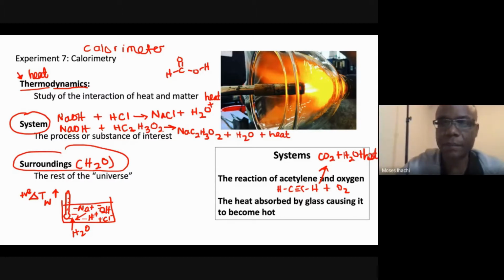The heat can be used to melt glass, or in the glass blowing process. The heat can be absorbed by the glass, causing it to be hot, and then the glass will melt, and the glass blower can blow it to different shapes.